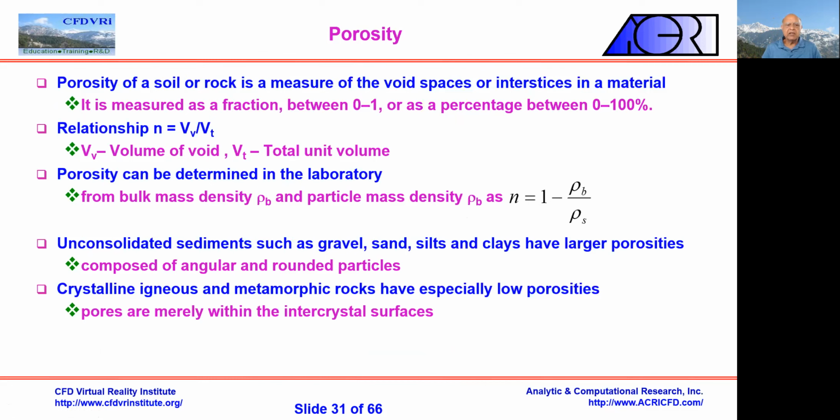so the porosity of a soil is a measure of the void spaces, right? If you look in the ground, you go to the beach, you take sand, well, it's not all solids. There are these grains of sand, in between there is trapped air, or there may be water, okay? So if you put that all together, you'll find X percentage is void and 1 minus X is solid.